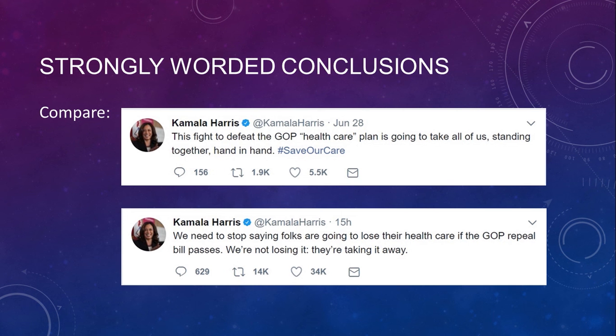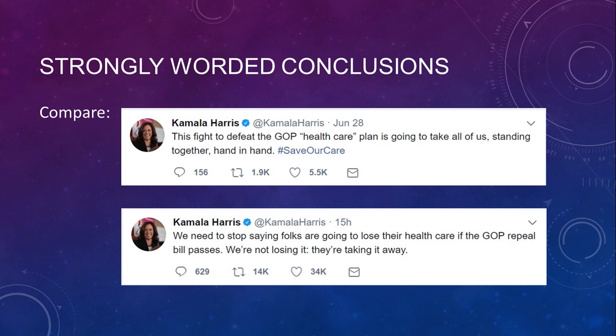Okay, but how about this other one? "We need to stop saying folks are going to lose their health care if the GOP repeal bill passes. We're not losing it, they're taking it away." Is that an argument? Yeah. Why? The last line kind of supports the distinction that she's making.